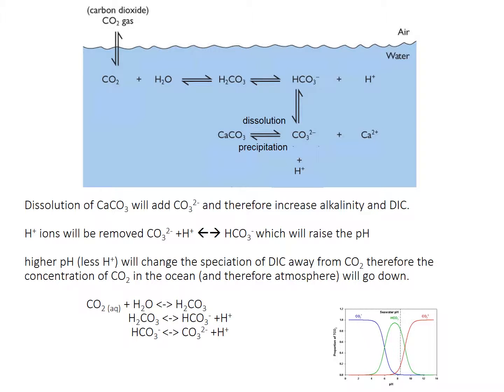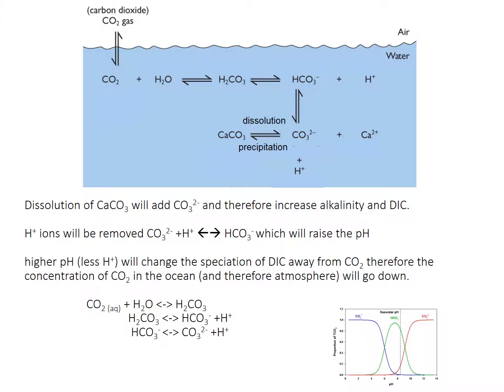Now, if we think about dissolution of calcium carbonate, okay, so we get some coral reef, we start dissolving it. So we're adding, in this case, maybe carbonate ions. So we're going to increase the amount of dissolved carbon in the ocean because we're adding one of the components of DIC, dissolved inorganic carbon.